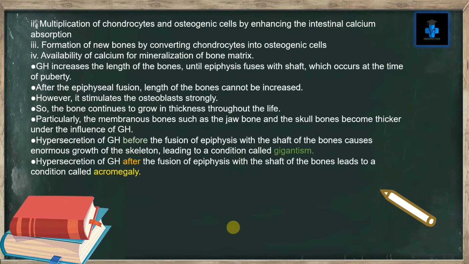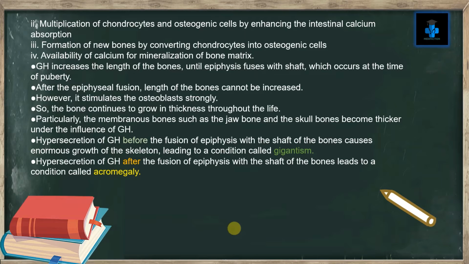Multiplication of chondrocytes and osteogenic cells by enhancing the intestinal calcium absorption. Also, formation of new bones by converting chondrocytes into osteogenic cells. Availability of calcium for mineralization of bone matrix.